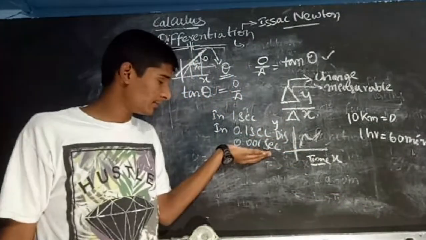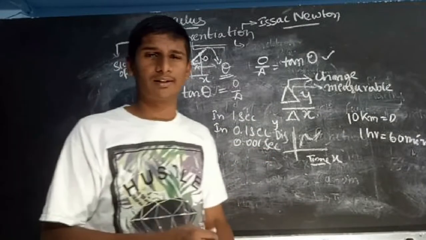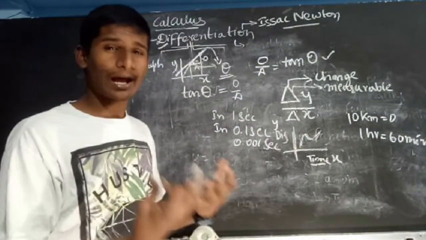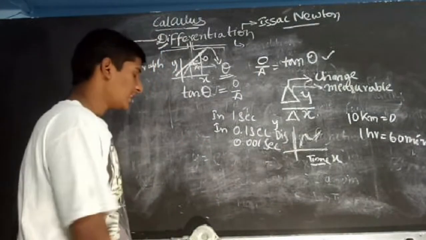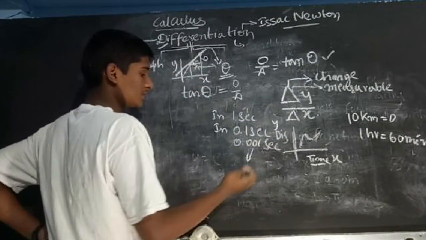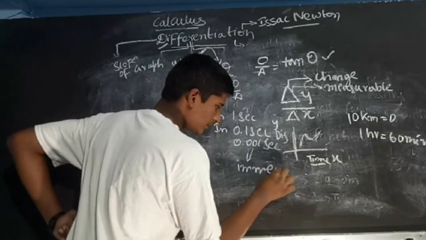We can't assume that, and we can't calculate it. This type of quantities, this type of measurement, we call immeasurable quantities.